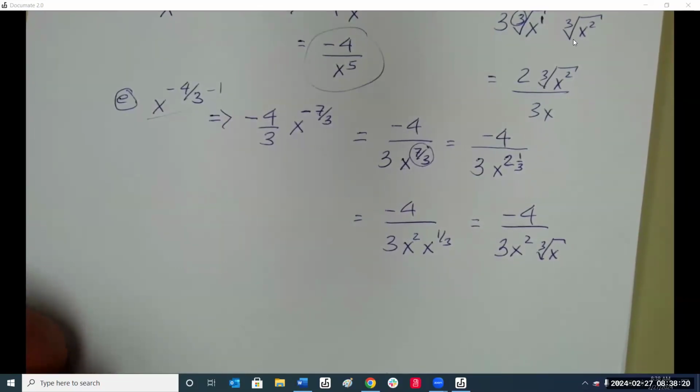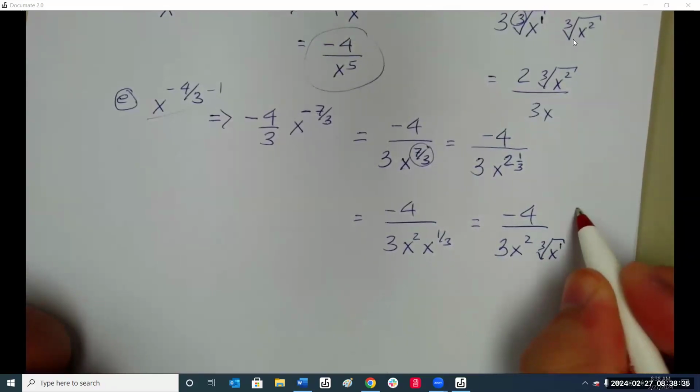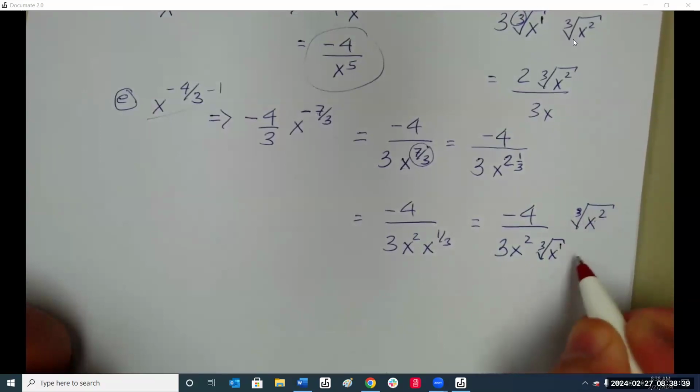Rationalize the denominator. What do we have to do? By what? Right. Because we need 3 of them. We only have 1. So we have to multiply top and bottom by the cube root of x squared. We need 2 more x's.